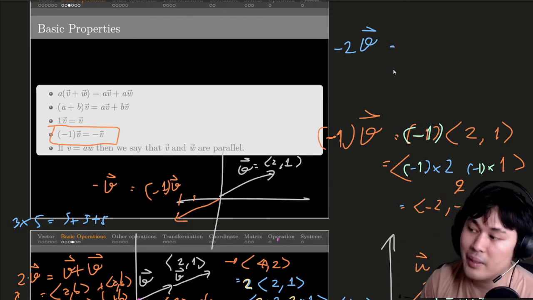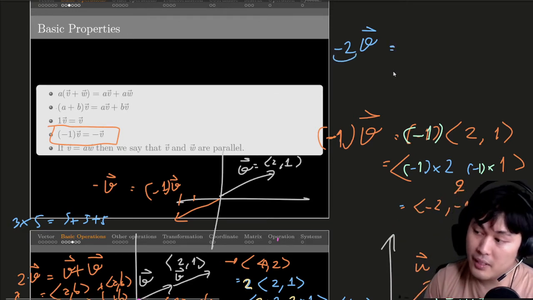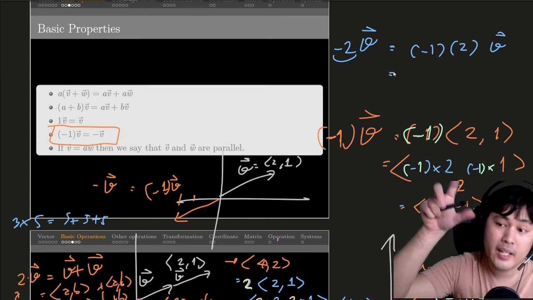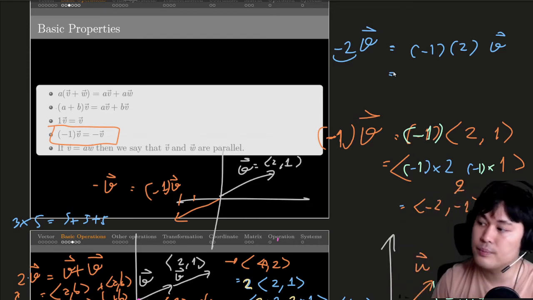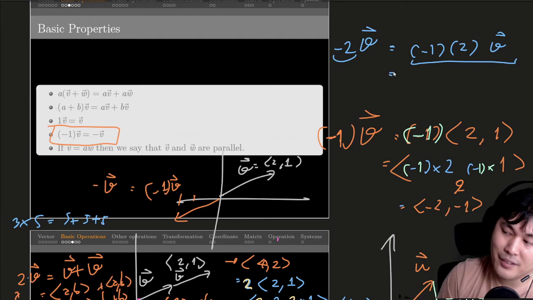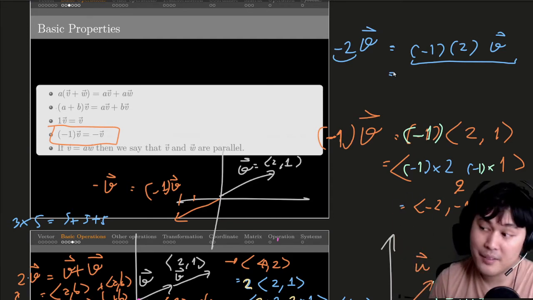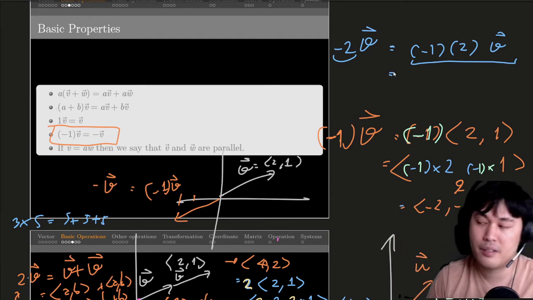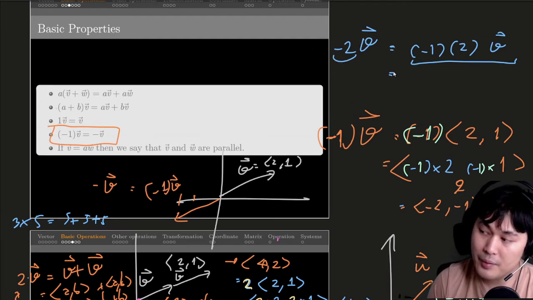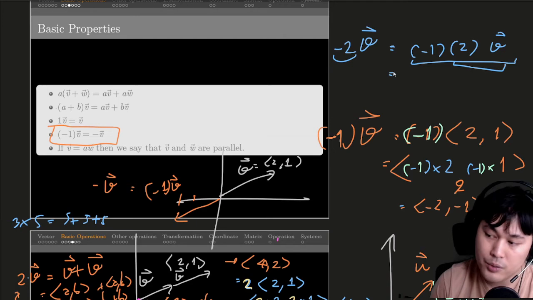Here you can think of the number -2 as -1 times 2. Let's split it into two. This is the first step of understanding this as a sequence of operations. When you multiply by -2, you can think of it as first multiplying by 2.